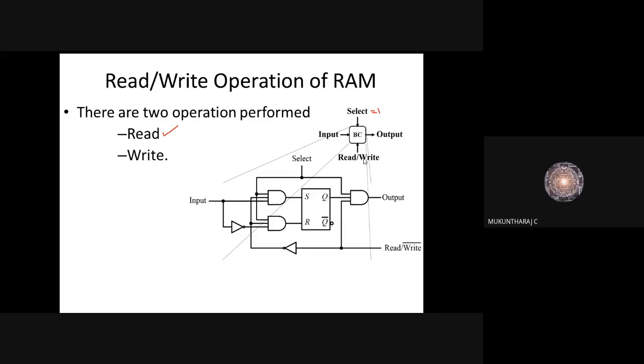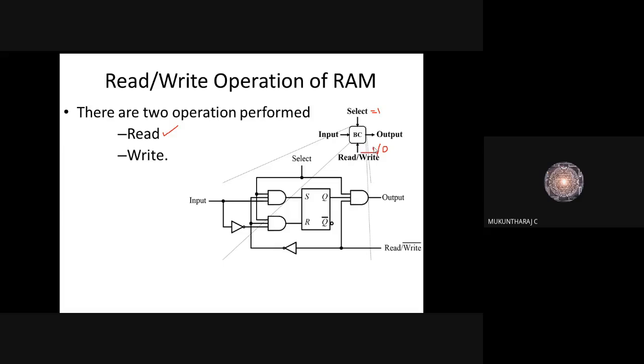To perform the read operation, for example, I'm considering logic 1 for read operation and logic 0 for write operation. It is a single bit control line, so a single bit control line has two possible combinations. I'm taking 1 for read operation and 0 for write operation. You can also represent it as write bar, because it is a complement signal, or logic 0 signal.